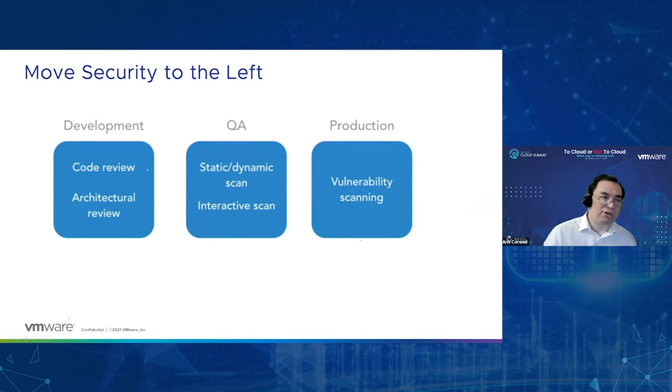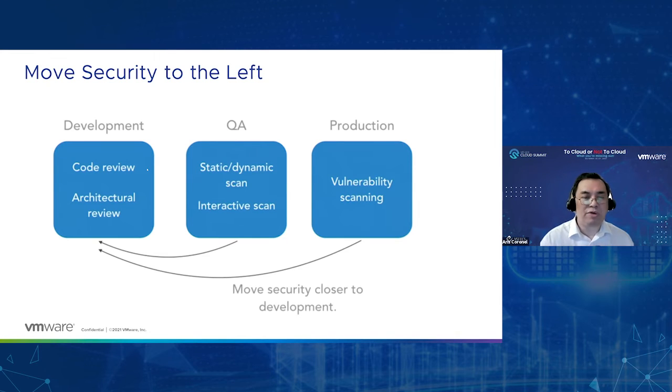Now, let's talk about shifting security to the left. I'm pretty sure that you probably heard a lot about it in the IT industry today. But what does that actually mean when we shift things to the left? Well, from a security perspective, that means taking a lot of the things that we used to do, for example, in the QA process, in the QA step, or in production, or later in the life cycle, and moving it closer to the development phase.